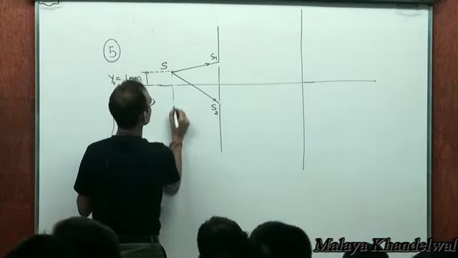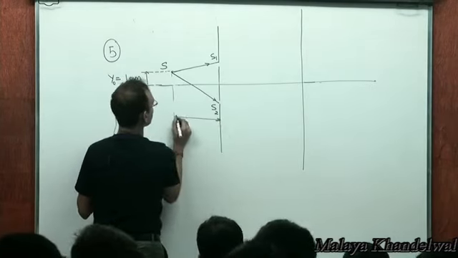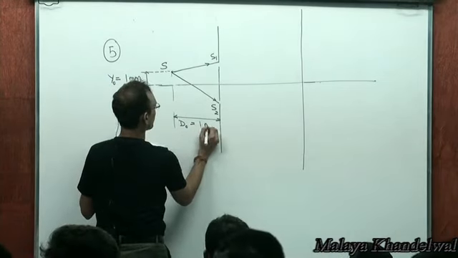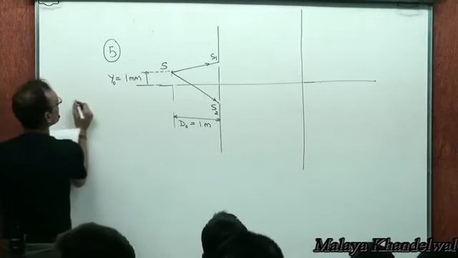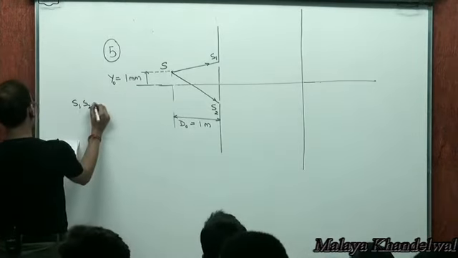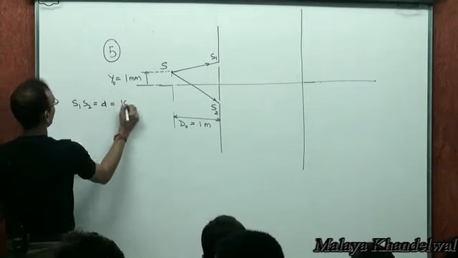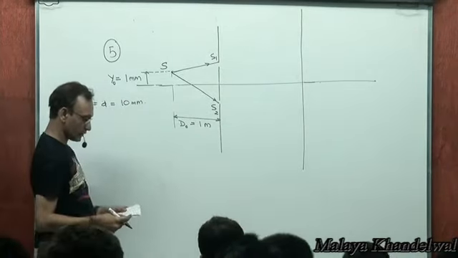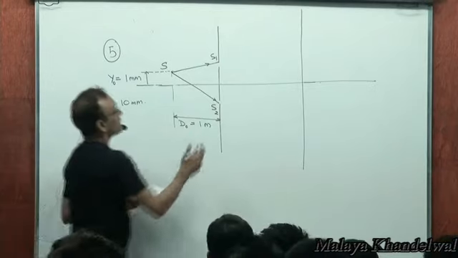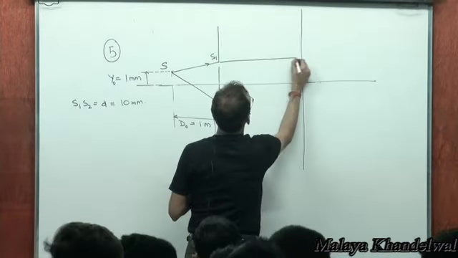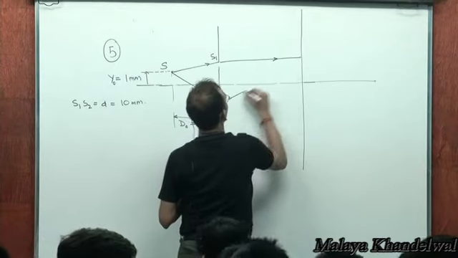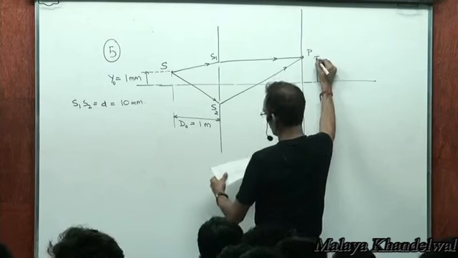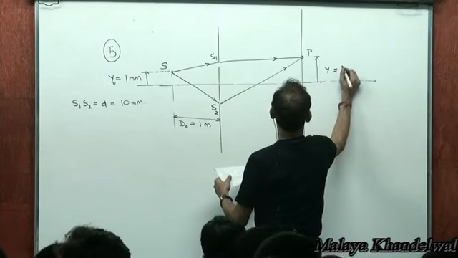And this distance was, say, capital D naught equal to 1 meter. S1 S2 was D, given as 10 mm. Right? We are now next talking of a point right in front of S1, which is this point, which has Y equal to 5 mm.